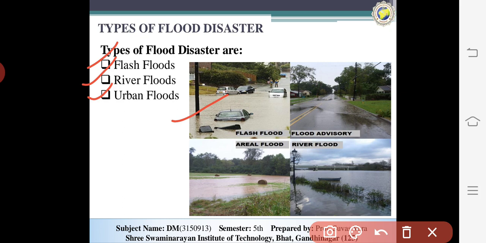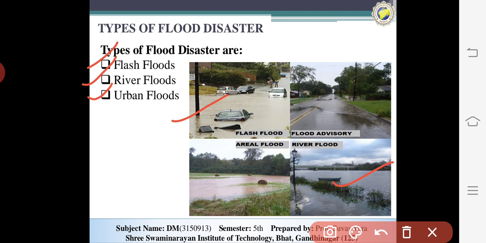Then after that, the river flood. River flood is a flood caused by precipitation over a large catchment area. It means that the melting of snow and rainfall build up slowly or on a regular basis.